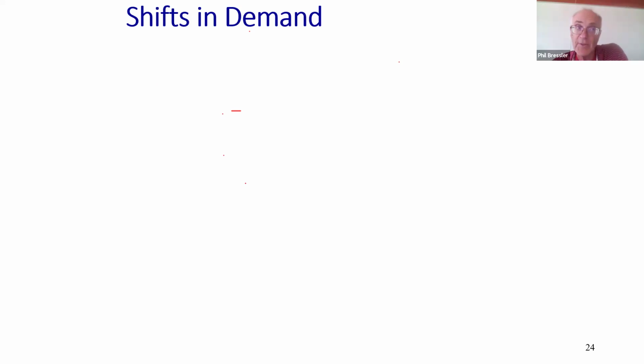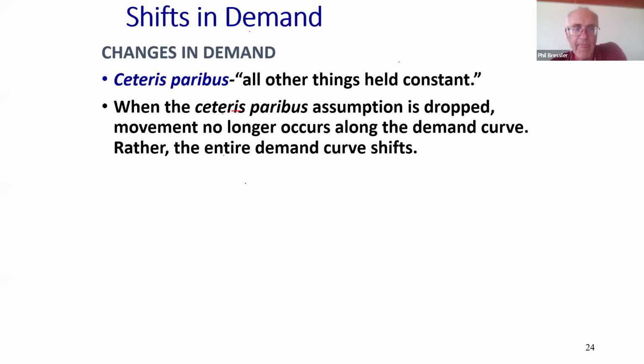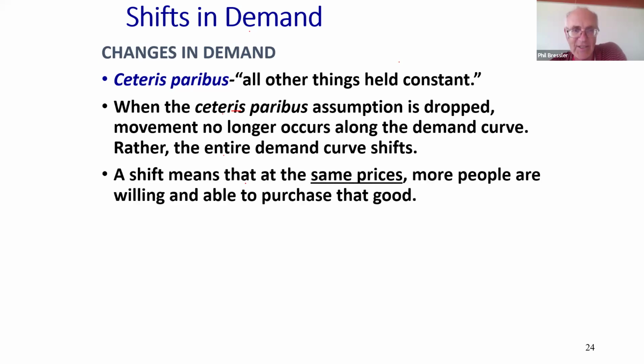And like the production possibilities curve, the only things that could shift the curve are these. So when we say change in demand, everything else is constant except shifters. And a shifter means at the same price, more people are willing and able to purchase the good.